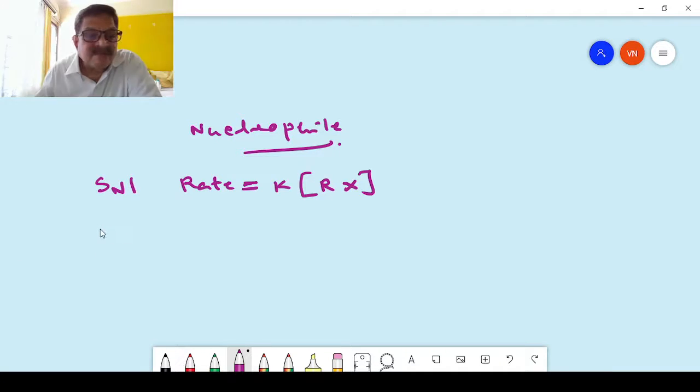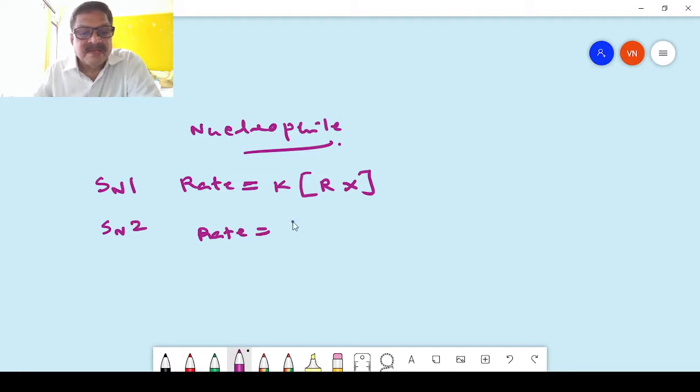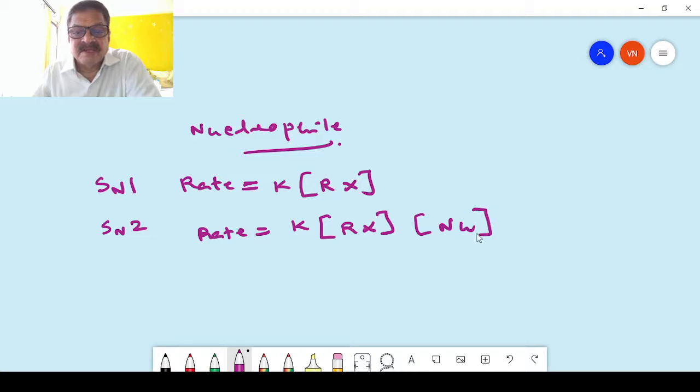But in the case of an Sn2 mechanism, what happens? The rate depends upon the concentration of the alkyl halide and the concentration of the nucleophile. One is a unimolecular mechanism, the other is a bimolecular mechanism. Sn1 is unimolecular, with first order kinetics.